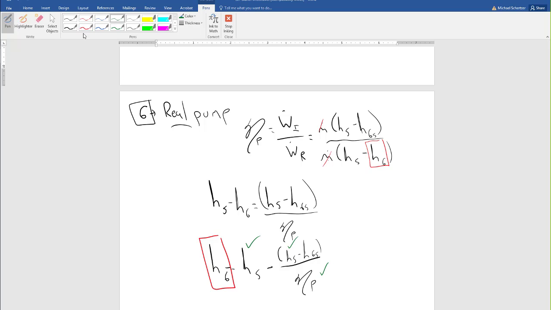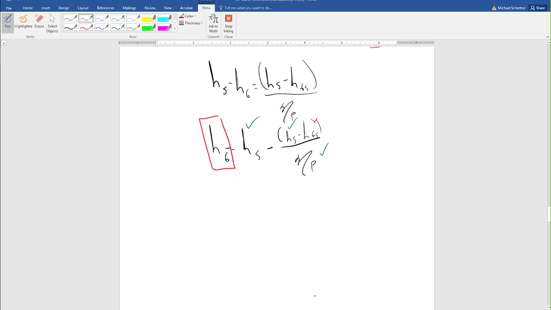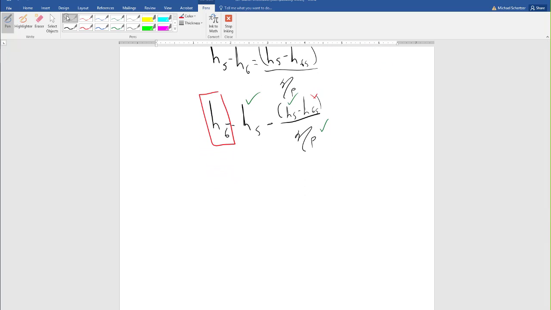I know the pump efficiency, but I don't know H6. So here is the part that people will often make mistakes on, right? H6S, we don't know that. So this is the ideal pump exit.